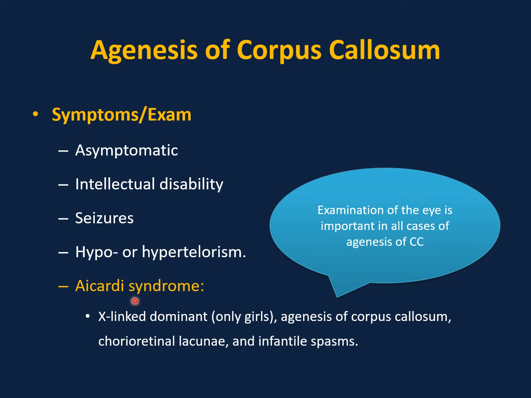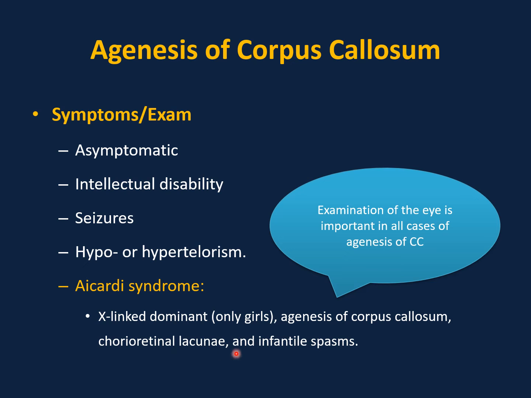Very important to know this syndrome, Aicardi syndrome, which is associated with agenesis of corpus callosum. Aicardi syndrome is X-linked dominant, affects only girls. Chorioretinal lacunae are associated with bilateral optic nerve coloboma, with pale areas on the retina of different sizes, also called lacunae, and commonly located in the nasal aspect of the optic disc.